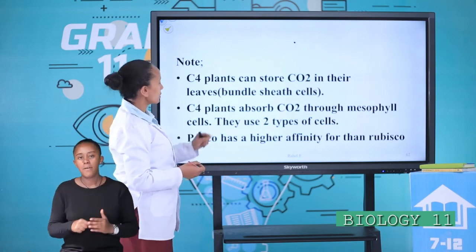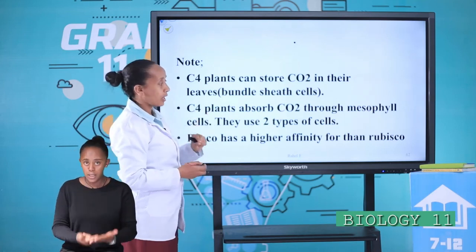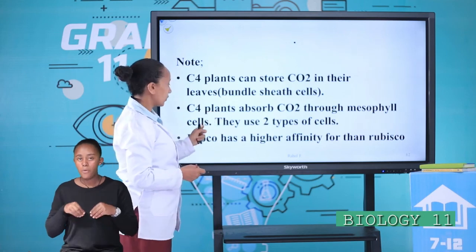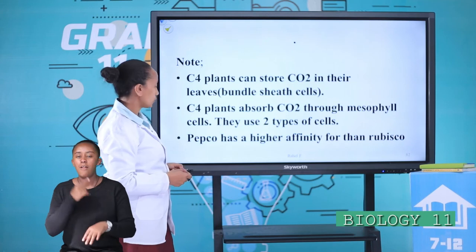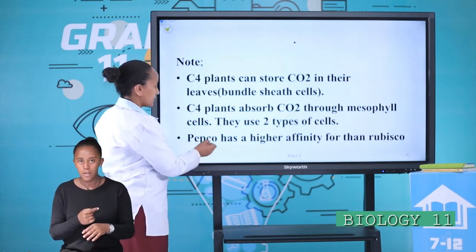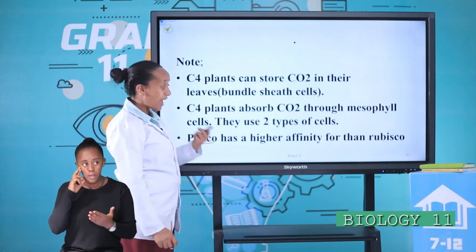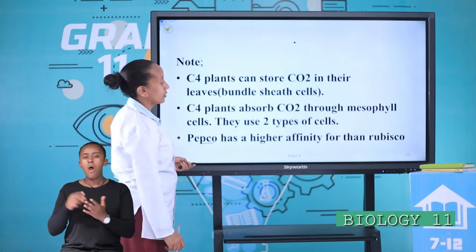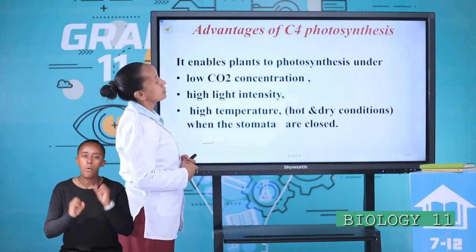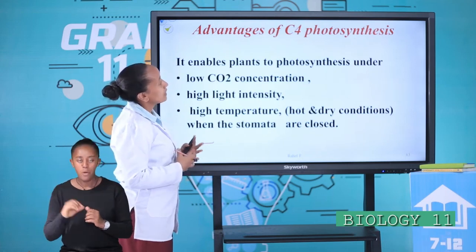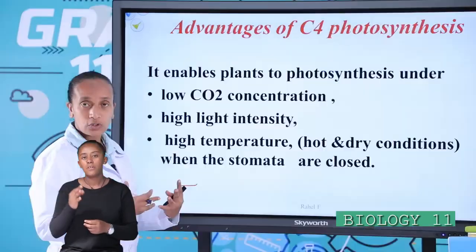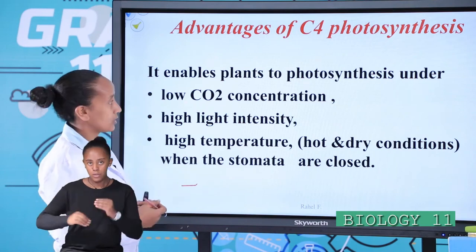In addition to this, C4 plants absorb atmospheric carbon dioxide through mesophyll cells, and this is because PEPCO has higher affinity for carbon dioxide compared with that of Rubisco. Therefore, here we have the advantage of C4 photosynthesis over C3 photosynthesis.